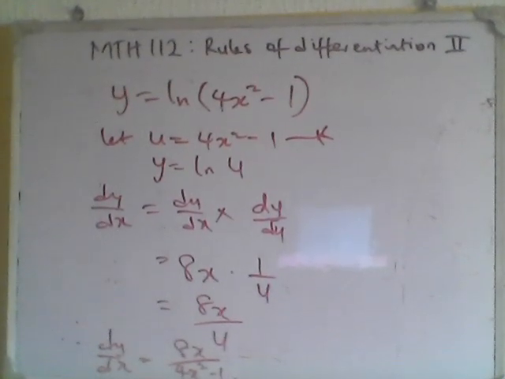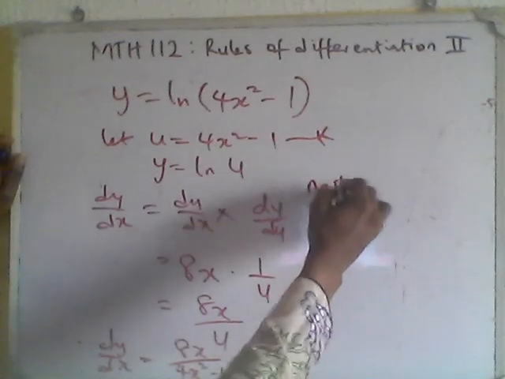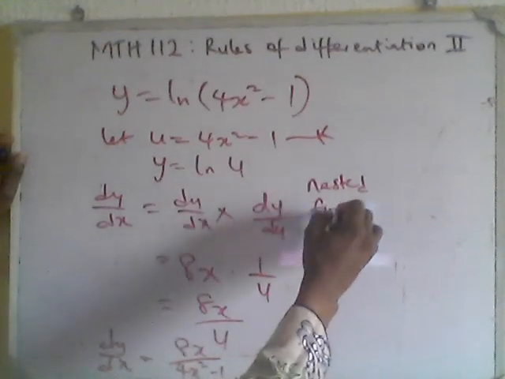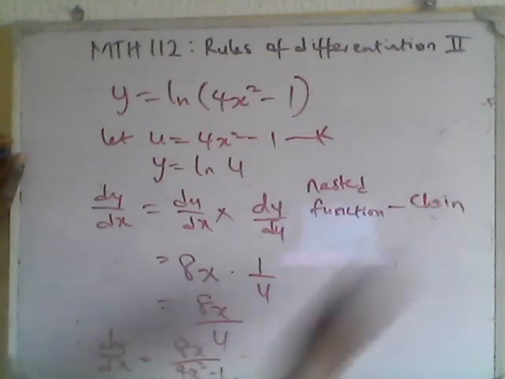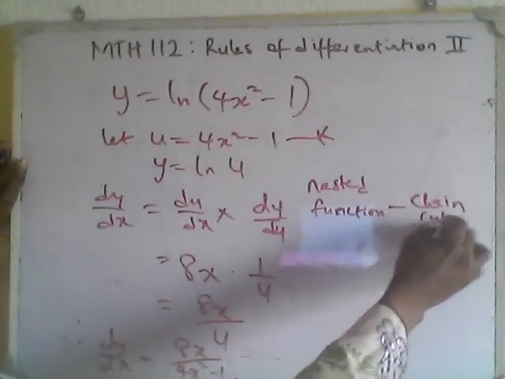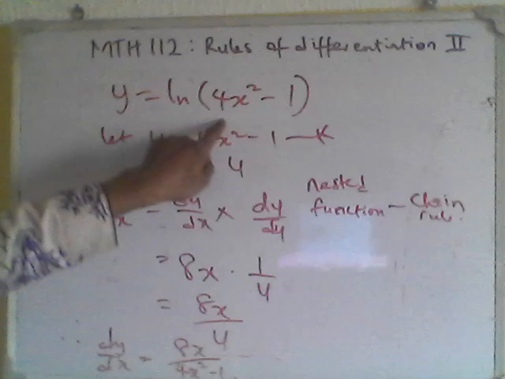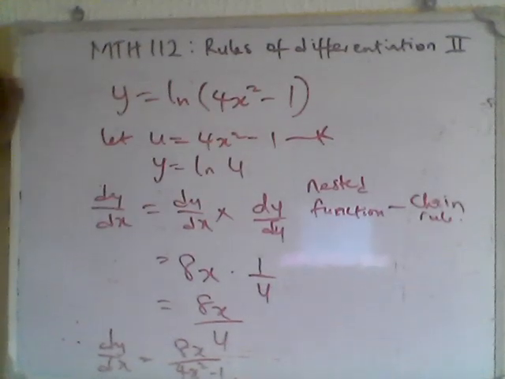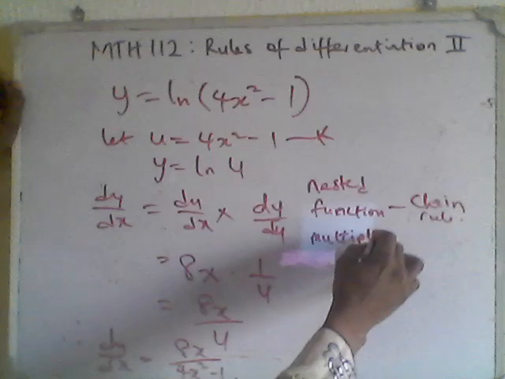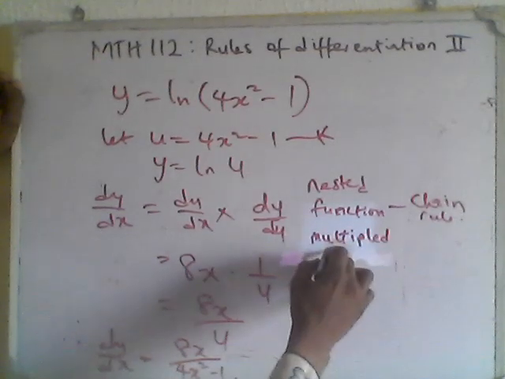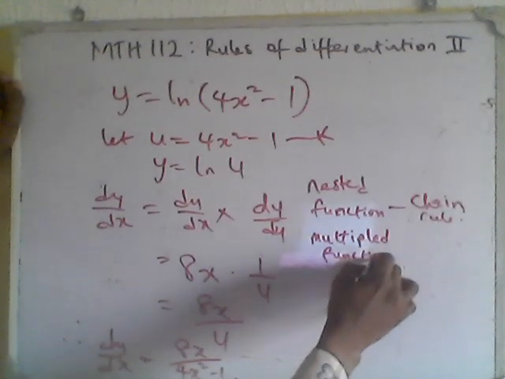So you see that when you see a nested function, you use chain rule. Remember, chain rule is function of function. Nested function is something like this. Then when you see a multiplied function, what do you use?